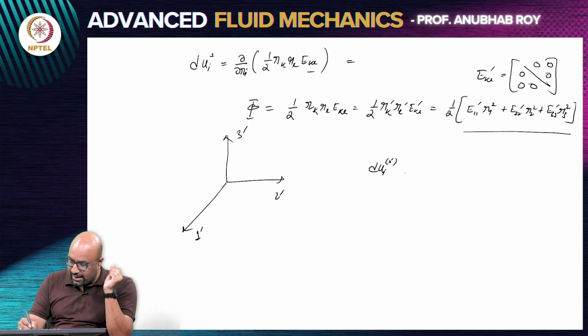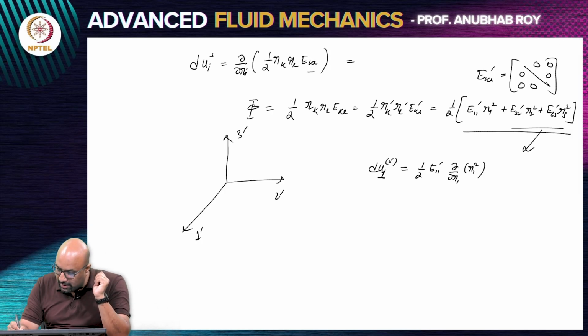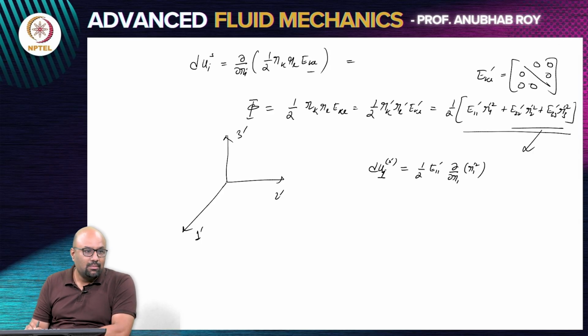If I write du1, the first component would be half E11 prime ∂/∂r1 of r1 squared. Everything else will be 0, right? This is all now in the principal axis of the rate of strain tensor.